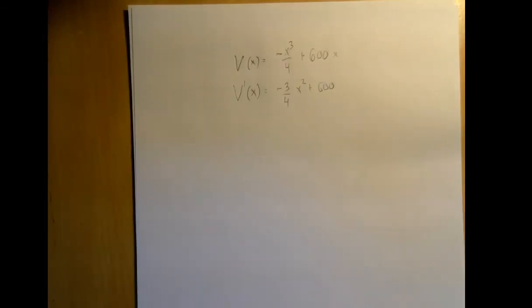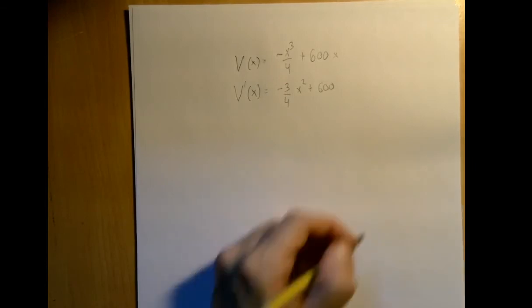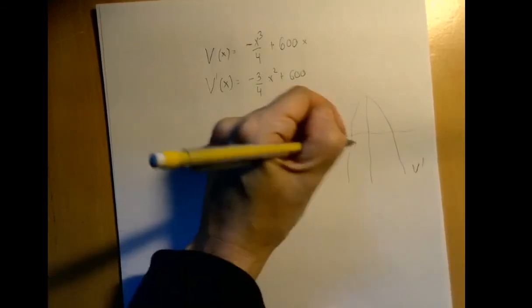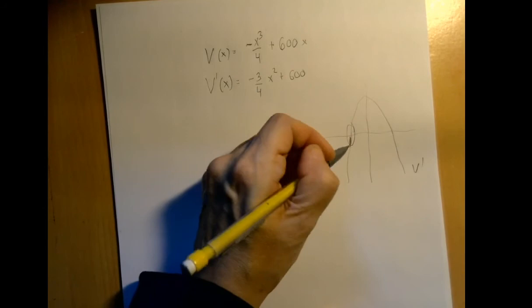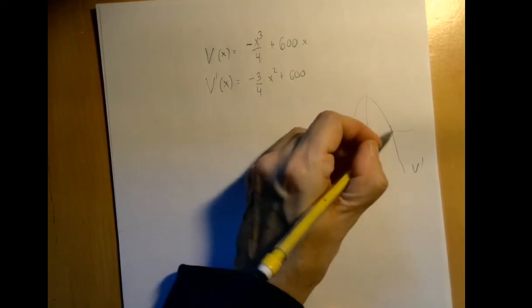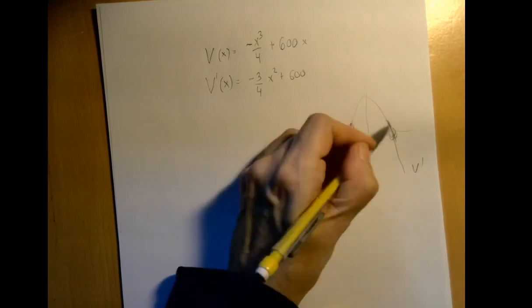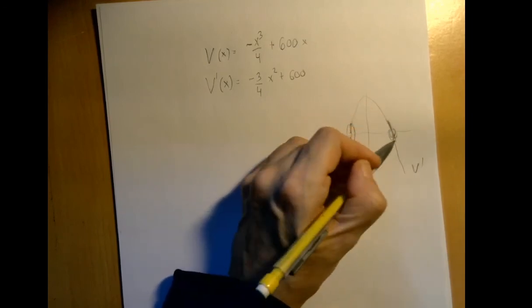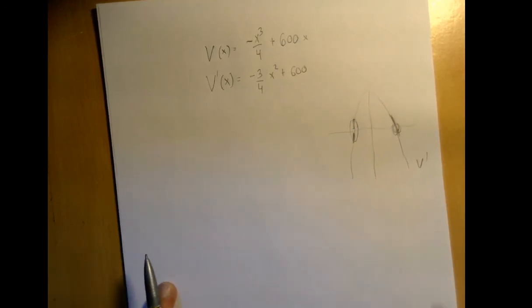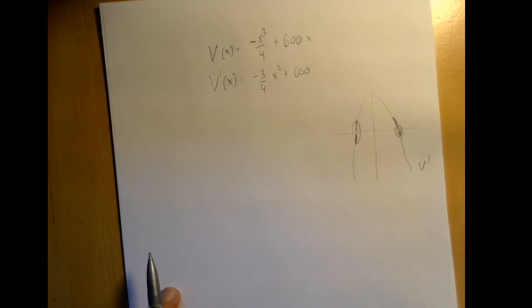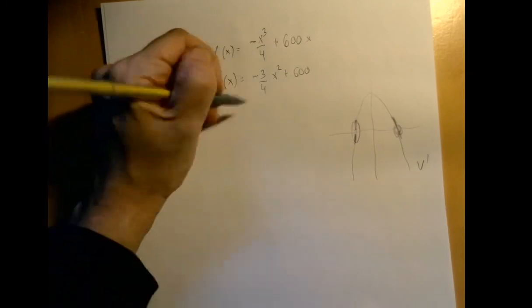Now this is an upside down parabola. We know what those look like. Given that this is the derivative, this 0 of the derivative indicates a minimum, and this is the maximum we're looking for, given the domain, right? Where the derivative changes sign from positive to negative. That means the original function changes behavior from increasing to decreasing. Now that's a maximum. So we just have to solve for the 0.